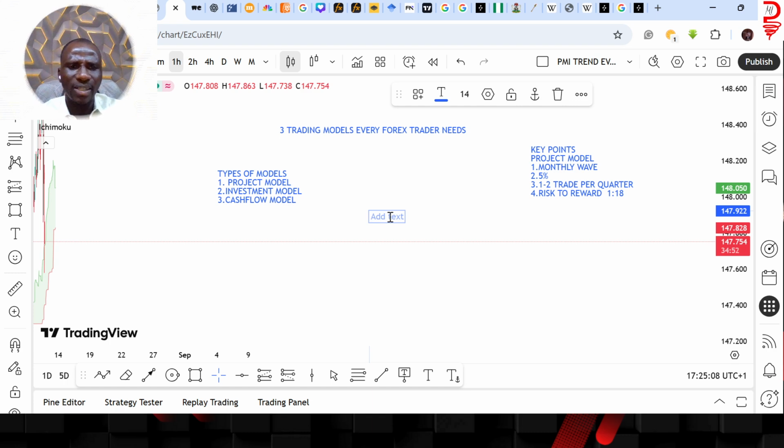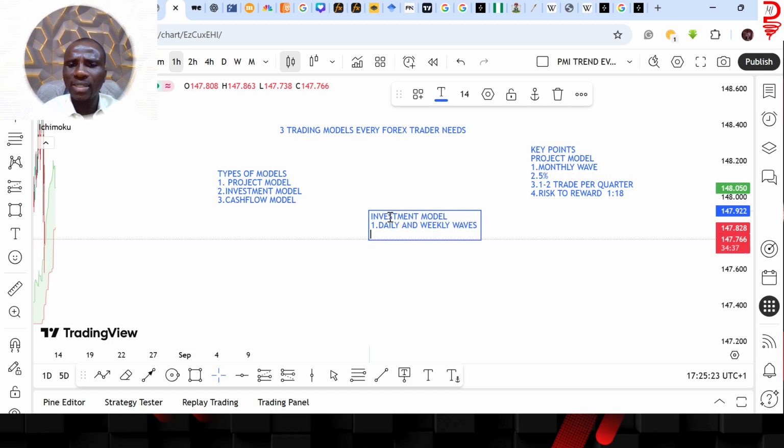The second one is what we call the investment model, and on this account we trade the daily and the weekly waves. These are the designated waves that we trade using this investment model.